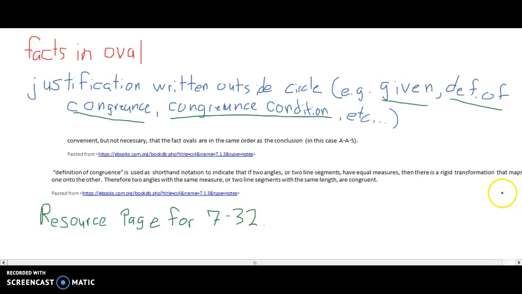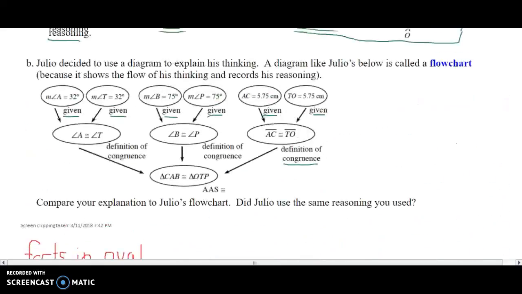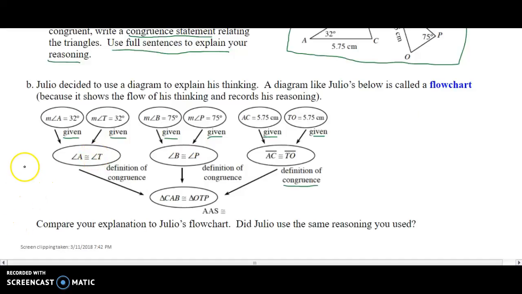Now, why it's convenient: it's not necessary that the facts in the ovals are in the same order as in the closing. In this case, we were looking at angle, side, angle, which follows our angle-side-angle congruency condition down at the bottom.